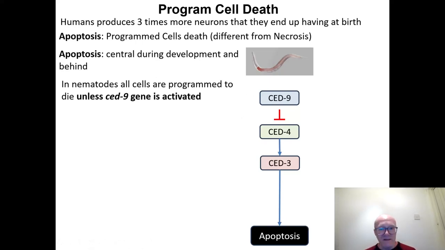We know that all the cells in the nematode are already programmed to die, and the only reason why most of the nematode cells do not die is because they express CED9. CED9 blocks the expression of CED4. And CED4 is a protease activation factor, and when it's active, it induces the expression of proteases like CED3. As the name suggests, proteases are enzymes that chop down other proteins. So they chop down all the proteins of the cell, inducing apoptosis.